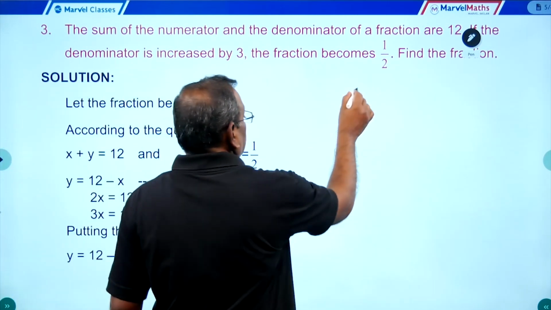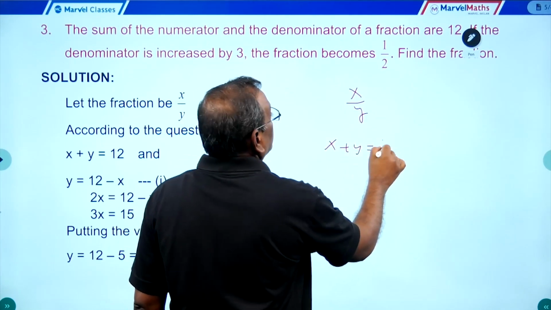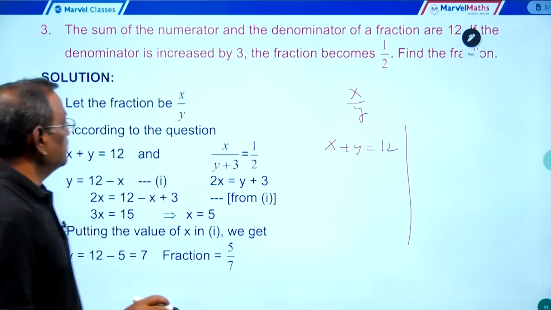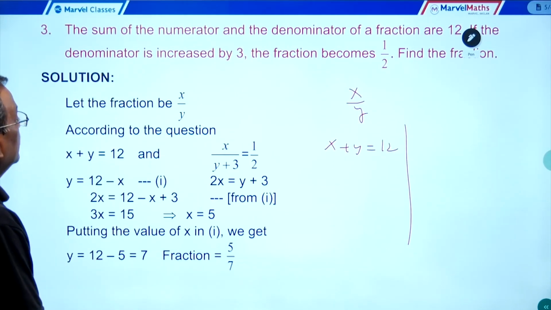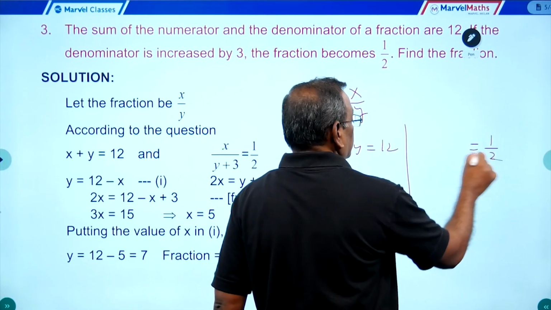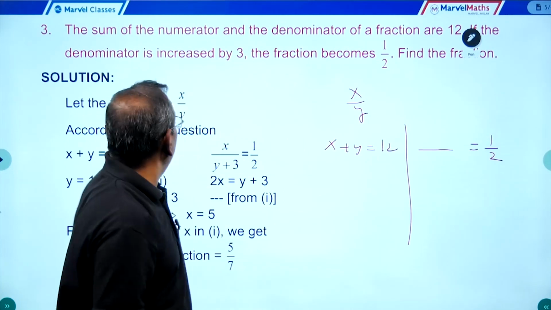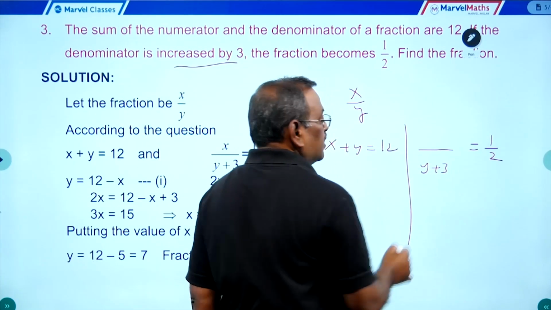So let the fraction be x by y, sum equal to x plus y equal to 12. If the denominator is increased by 3, the fraction becomes half. So denominator is increased by 3. What about numerator?